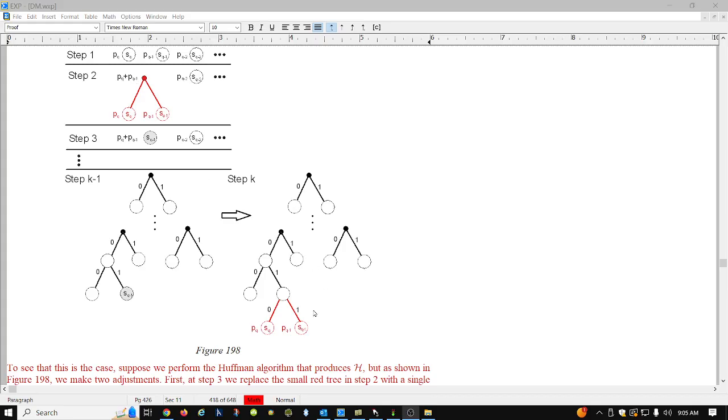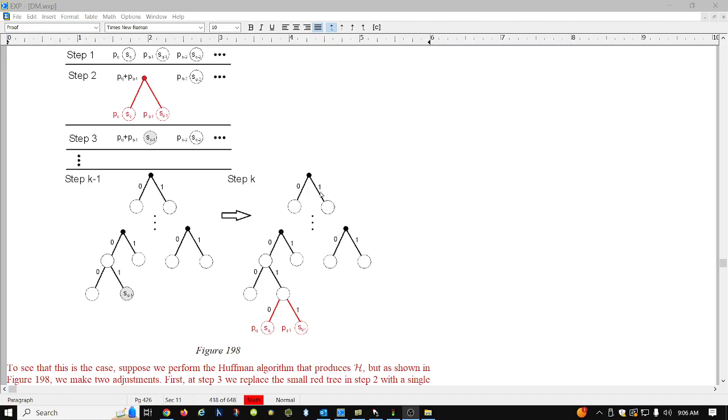And here is the final Huffman tree at step K. I've already switched over to where I dropped most of the frequencies because I didn't feel like figuring out labels for all these vertices. It's not important.